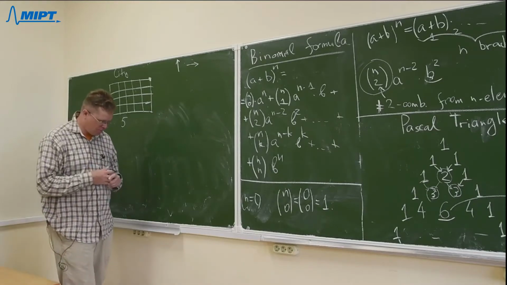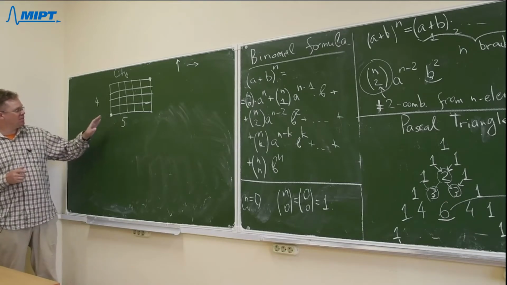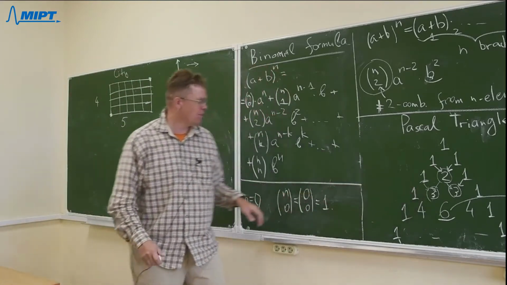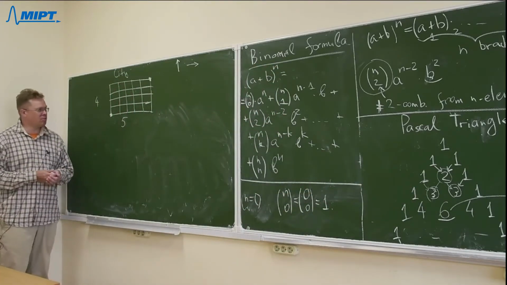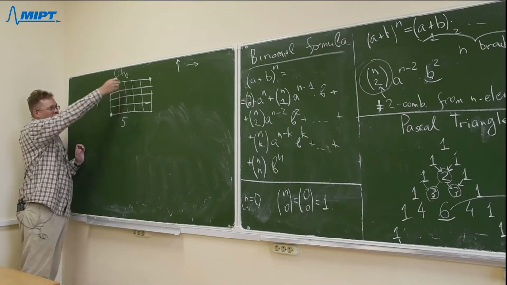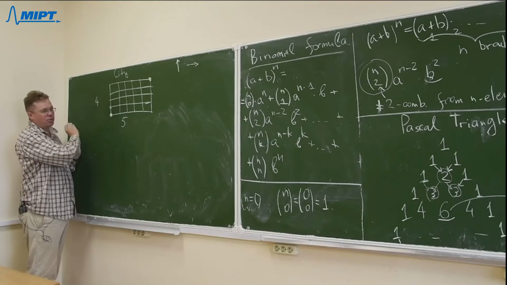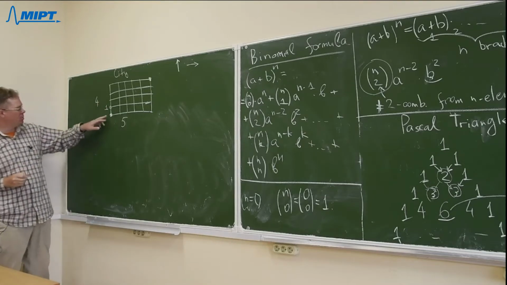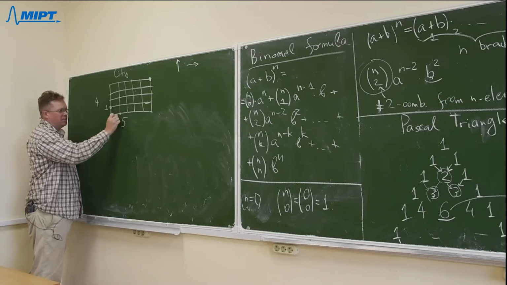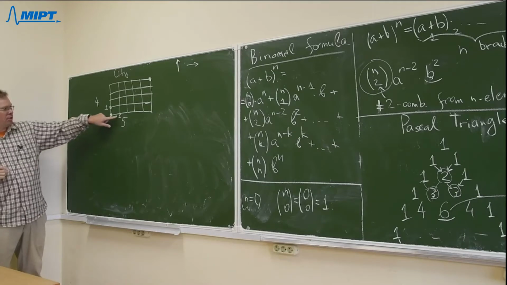So this task is familiar with this one, because you can just calculate all the steps. Of course, if you want to get, for example, this point, there is only one possible way, because you just go one step up, and this one is also only one possible way, because you go one step right.